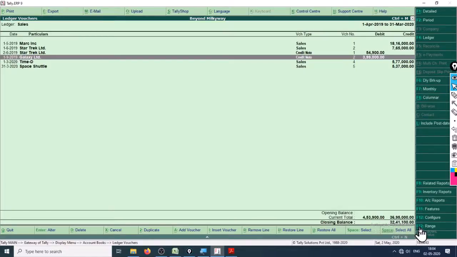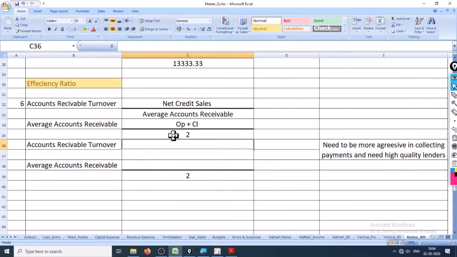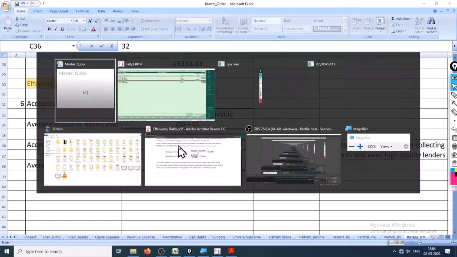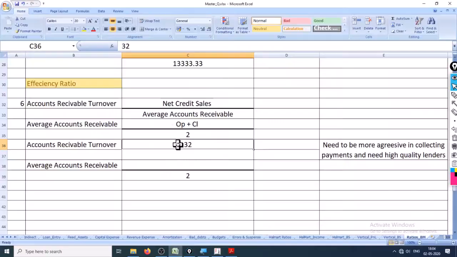So the closing amount is our net credit sales, 32,41,100. Let's put it into our master figure right here, 32,41,100.